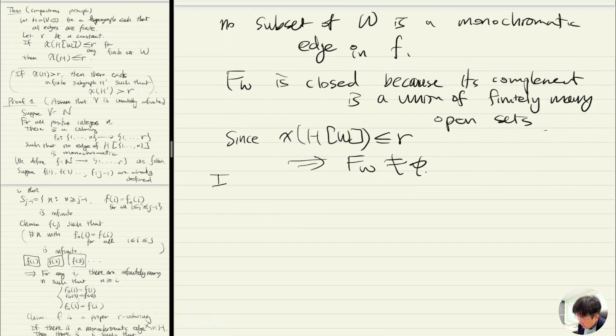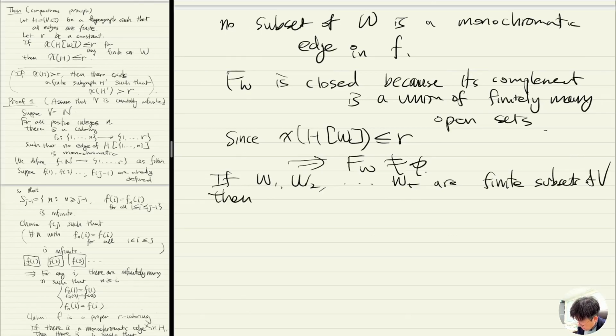Now, if W1, W2, ..., Wt are finite subsets of V, let's look at their intersection. Right?